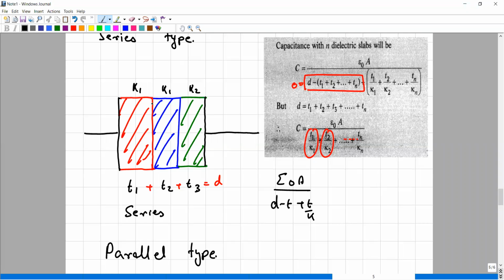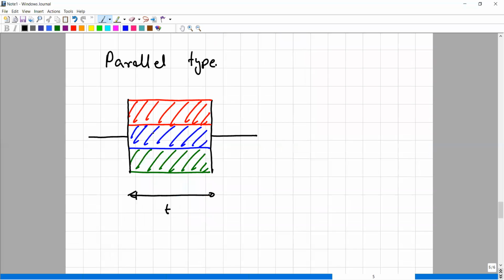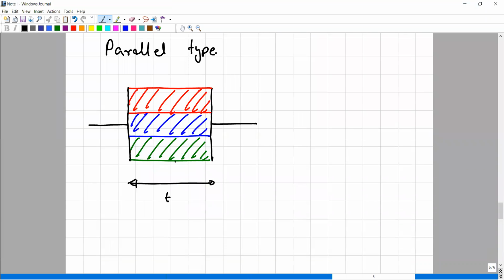They were covering a small space between the plates. But in the parallel type, each slab has a thickness T. But the slabs do not cover the whole area of the plate. They cover the distance between the plates, but not the area of the plate. That means this slab would cover an area A1, this slab would cover an area A2, this slab would cover an area A3, like that.